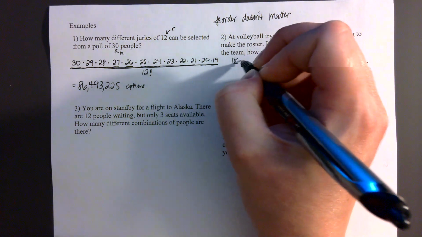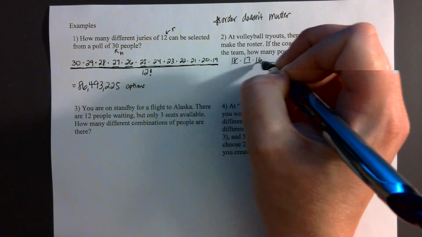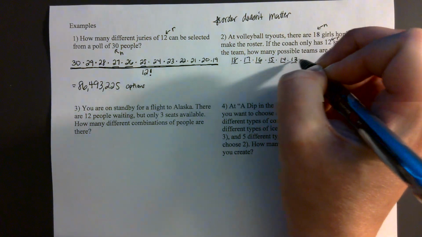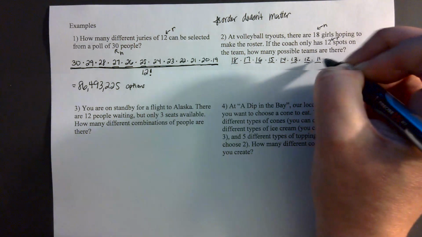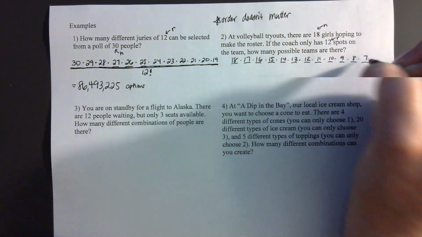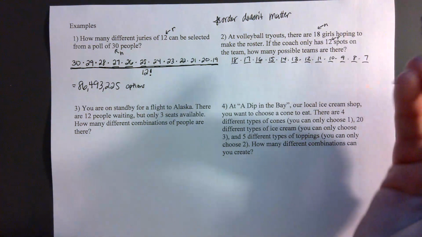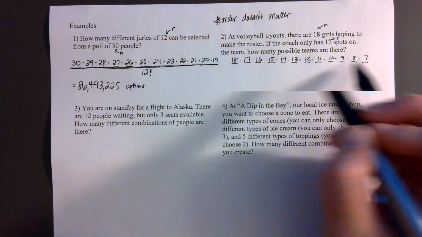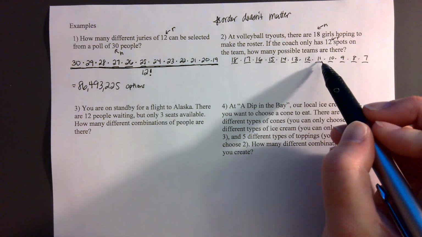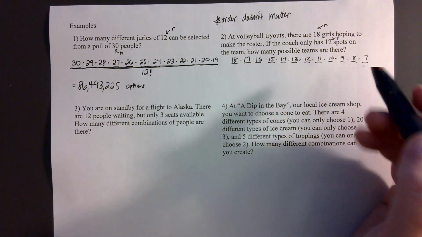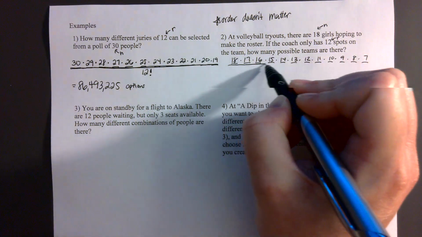So 18 times 17 times 16 times 15, 14, 13, 12, 11, 10, 9, 8, 7. Because order doesn't matter once they make the team, they can make it in the first position or the third position or the third to last position. We have to eliminate those repeats.